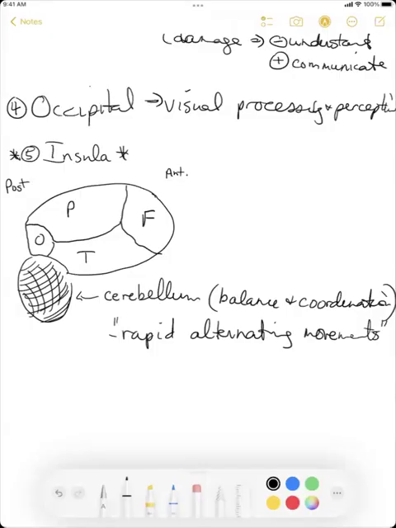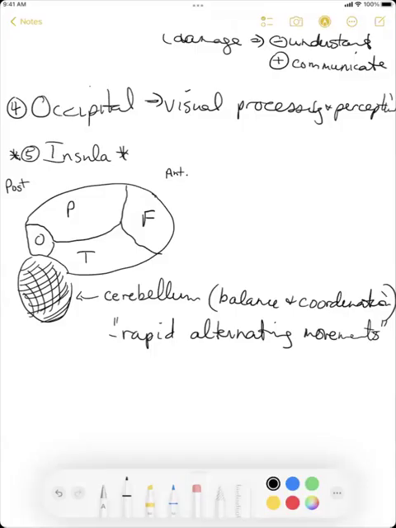So they'll put their left hand in their right hand, palms facing each other, and then they will turn their left hand to be palm up, and then they'll turn it again to be palm down, and they'll do that as fast as they can. That tests your ability to complete rapid alternating movements of turning your hand over and back up and over and back up. Somebody who has cerebellar dysfunction on one side won't be able to do that.